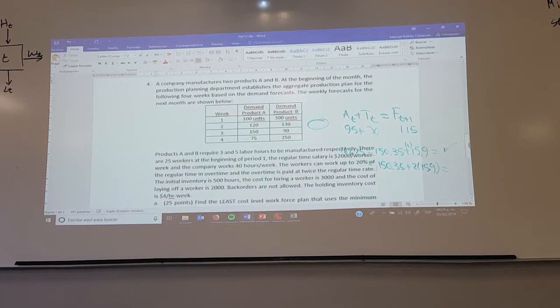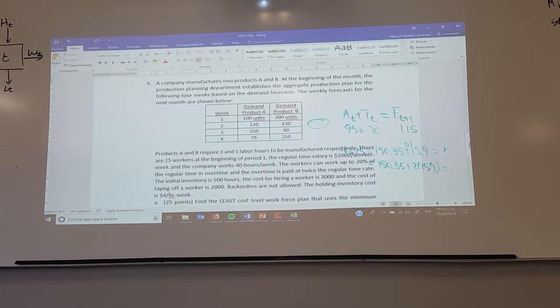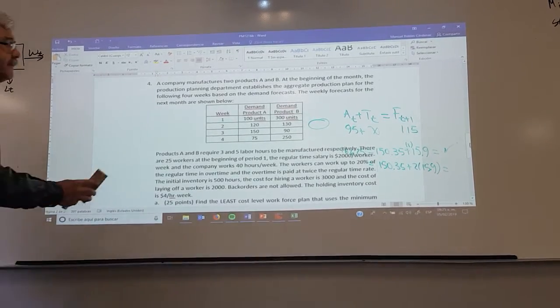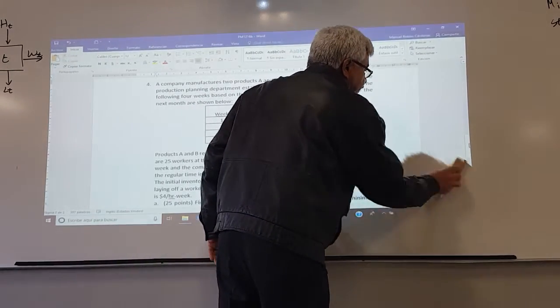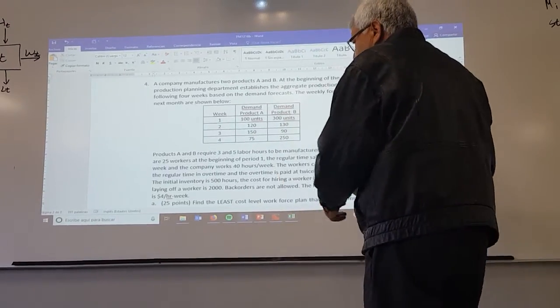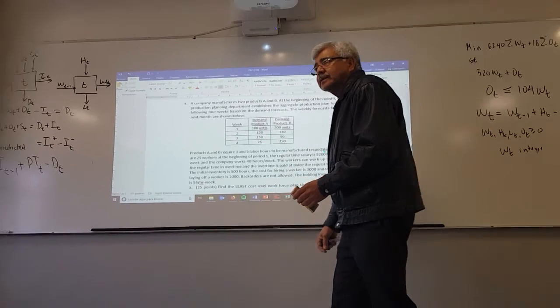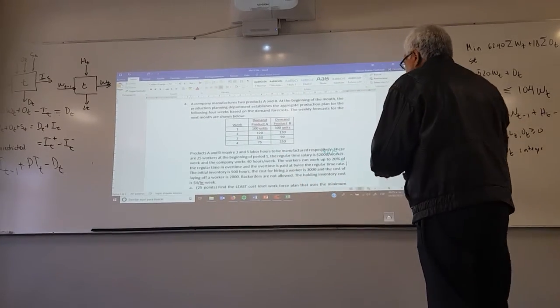Okay, now, this is the problem I want to solve. You can read it. Now, this problem has inventories and inventory costs.